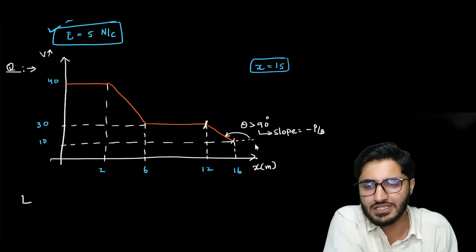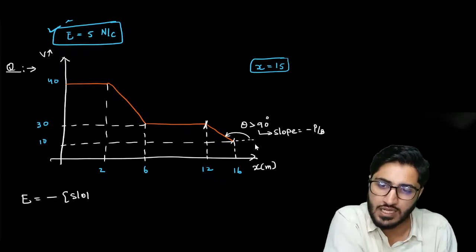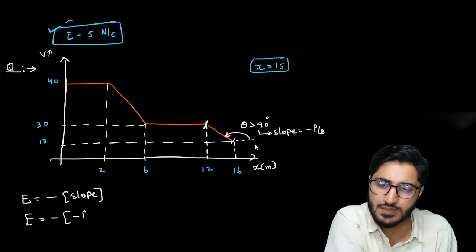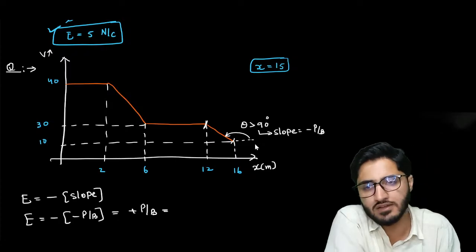Okay, so what is E? E came out to be negative slope. Negative slope. So E, negative slope is how much? Slope is minus p by b. It will be positive p by b. What is p? What is perpendicular? Look, this much now.